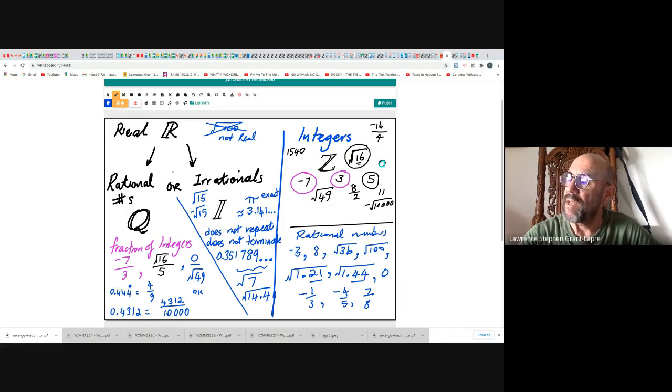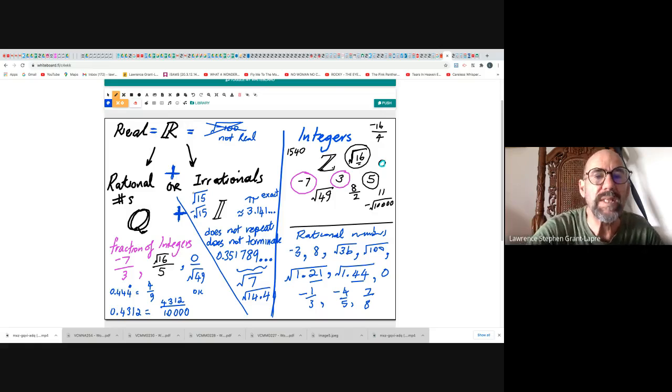And remember, if you add the set of rational numbers with the set of irrational numbers, then you get the real number set. Real numbers equals the rationals plus the irrationals.